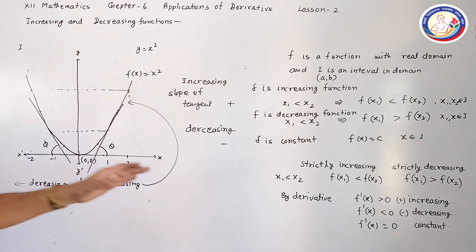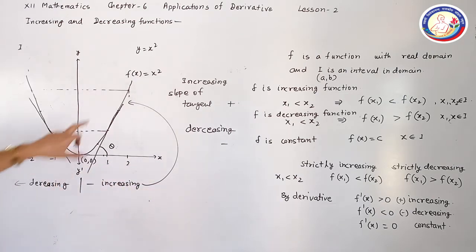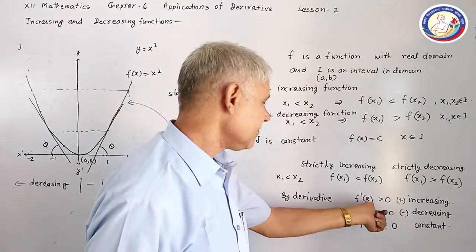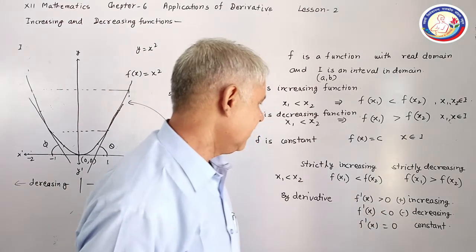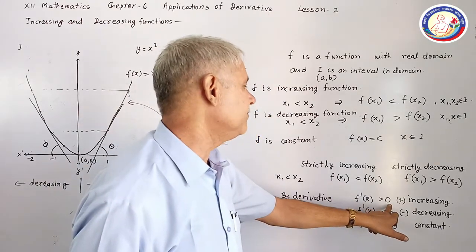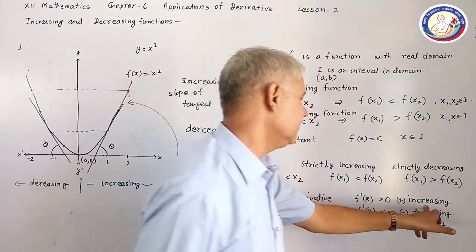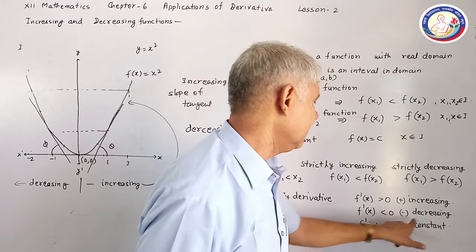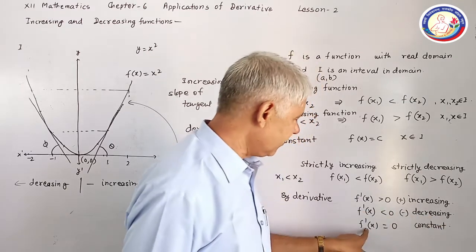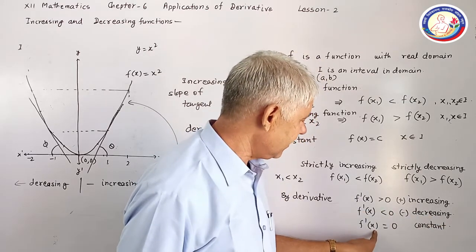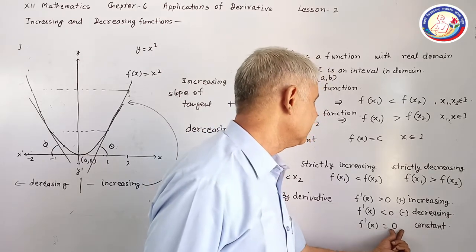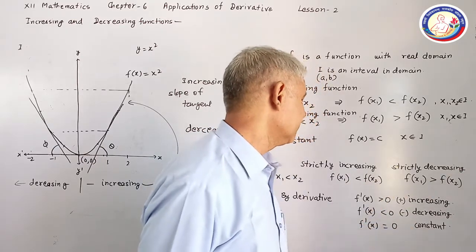Thus, we can find derivative of a given function at a certain point, and if we take any point x and there the value of derivative is positive, then the function is increasing. And if the value of derivative is negative, then function is decreasing. If the value of derivative at certain point or in the interval is 0, then the function is constant.